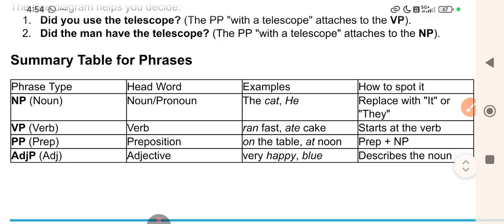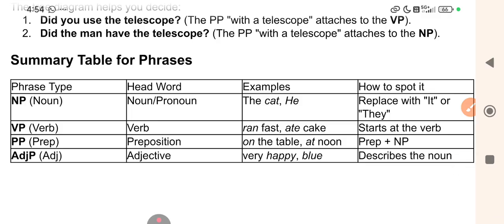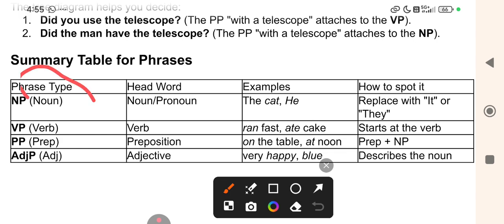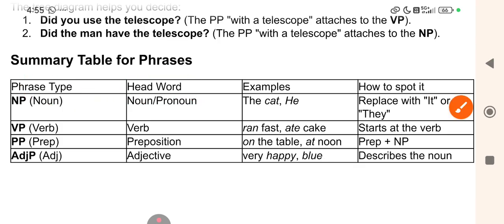So the summary is that there is a noun phrase, verb phrase, prepositional phrase, adjective phrase, right? These are the different types of phrases. For a phrase you have to find out the head word; they have given examples, and how to spot it. Let us see.